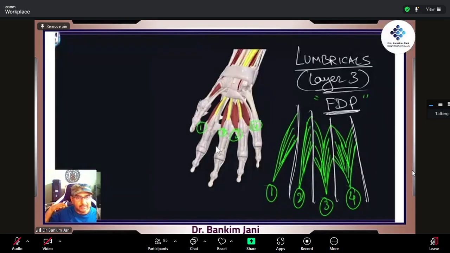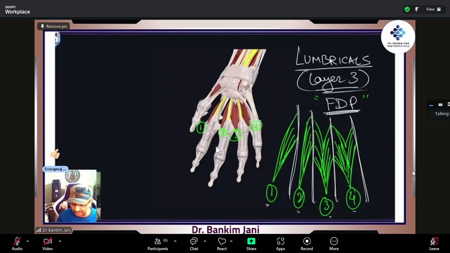These are all from flexor digitorum profundus, right? They will be going for digit 2, 3, 4, 5, not the thumb. Thumb is 1. But this is the first, second, third, and fourth lumbrical, right?